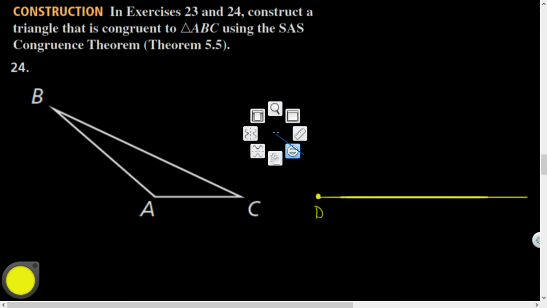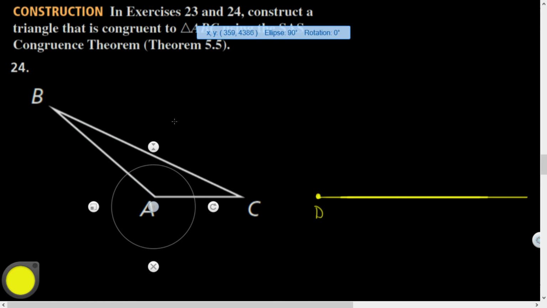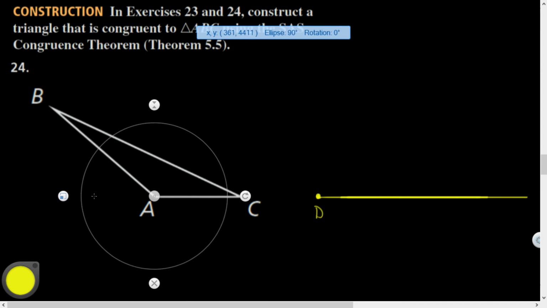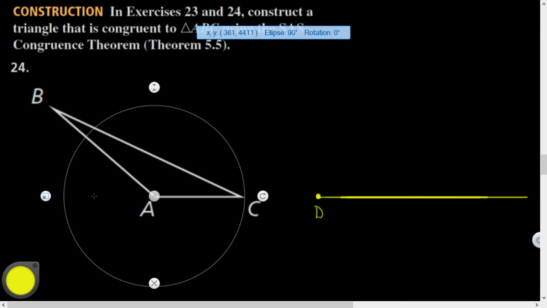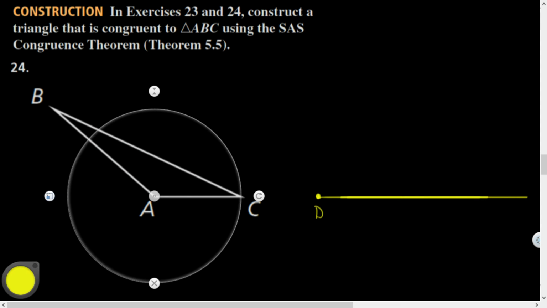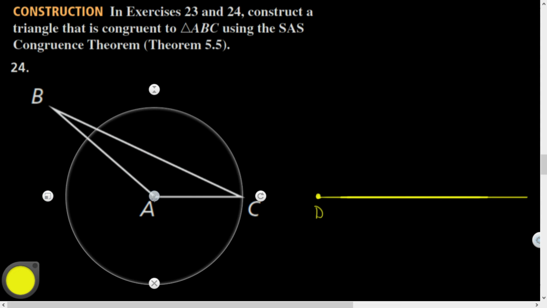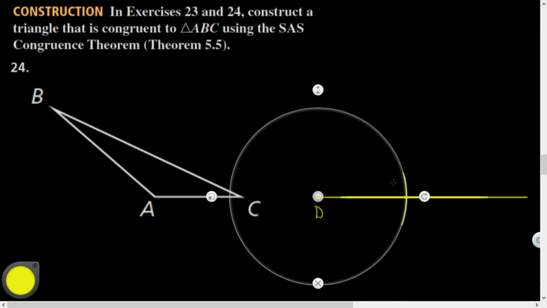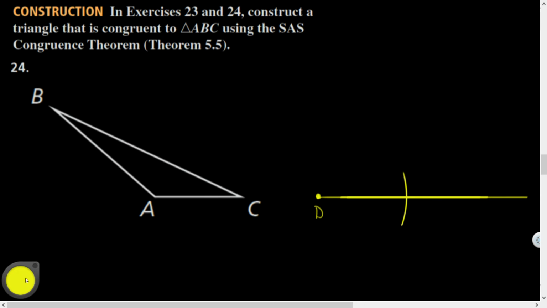I'm going to now use my compass tool, and I want to measure out a congruent side. So I'm going to scale this so that it's of length AC, something like that. Now I can go out here and measure, swipe, swipe. There is going to be a length of AC.